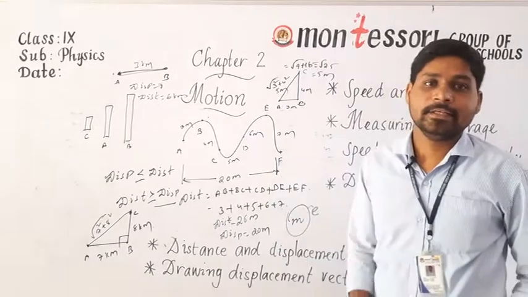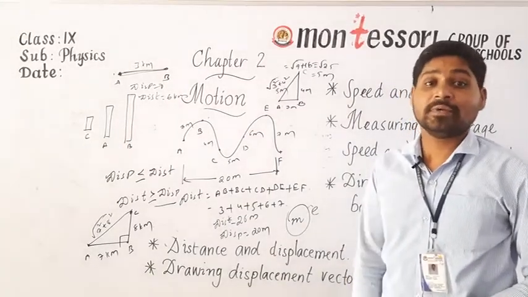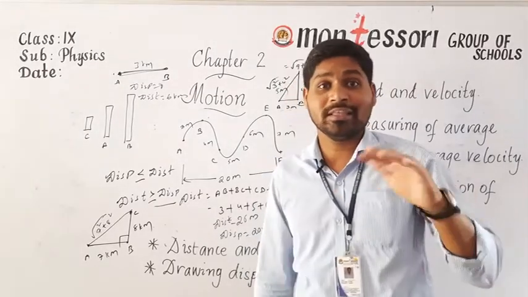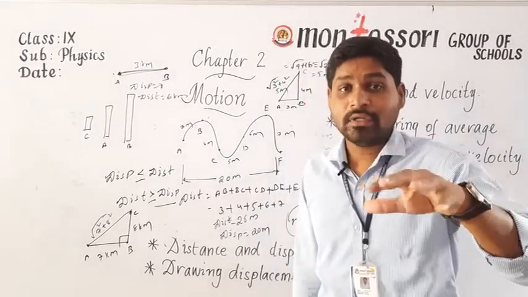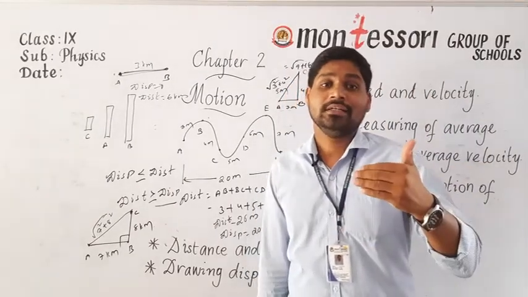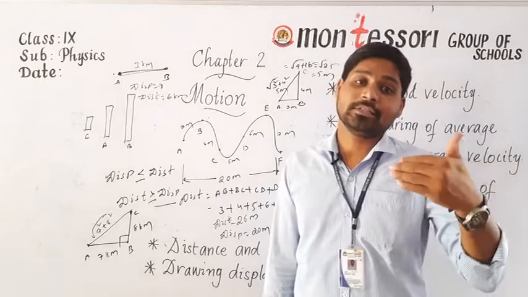Is it clear? So displacement can become 0, but distance never becomes 0. Sometimes these two are equal when the path is a straight line. For example, if a body completes one complete rotation, then what is the total distance traveled by the body and the displacement?